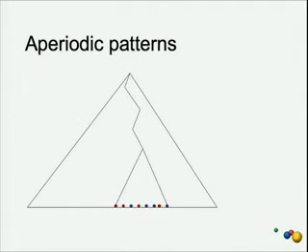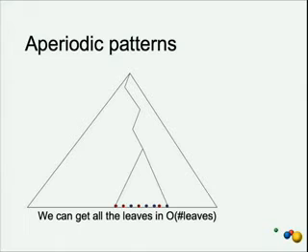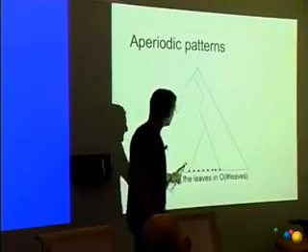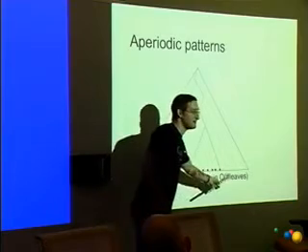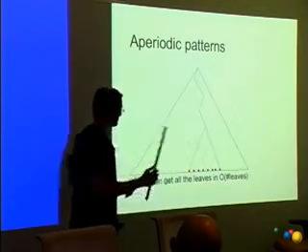Now I will talk about how to do all these things on an aperiodic pattern. We went here on the path, like in the suffix tree, and get here all the leaves in O(leaves) time.